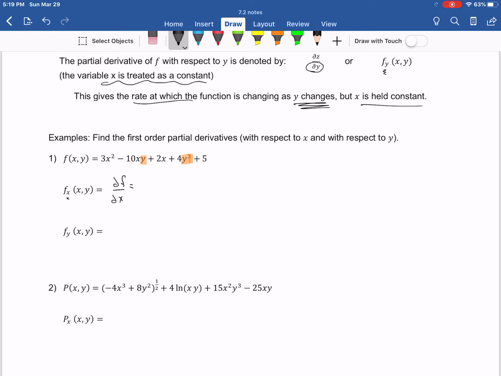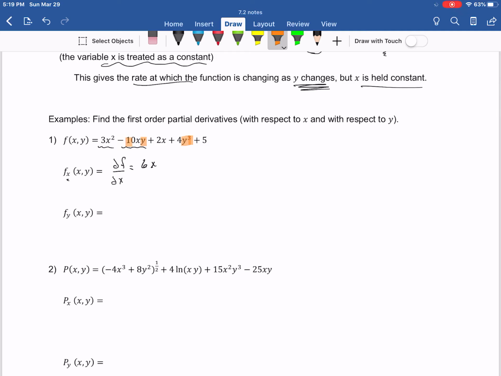So when we take the derivative with respect to x of 3x squared, x is a variable. We treat it just as we always would. That's going to give you 6x. Now the next term, when we take that derivative, remember that y is a constant, and obviously 10 is a constant, right? So the only variable is x.